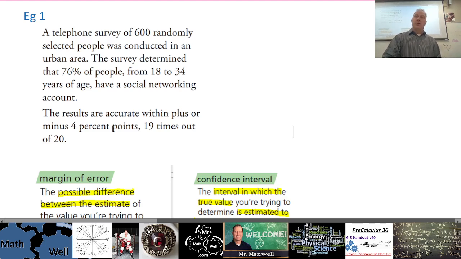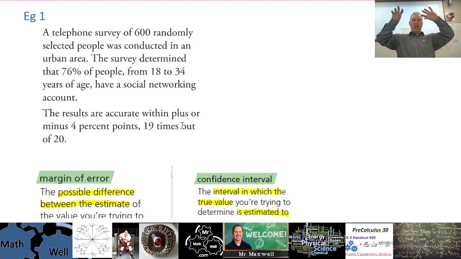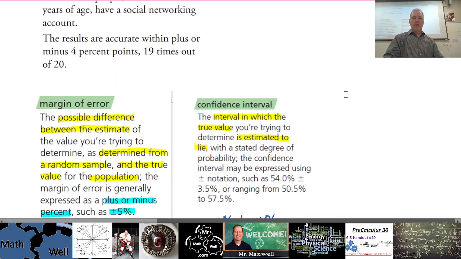So this is how this works. And then one more added little level of confidence, 19 times out of 20. So this is the value. It could be within a range, so it could be up or down from this value. And we're pretty sure that the real value is within this stated range 95% of the time, or 19 times out of 20. So I know there's a few levels there, but let's break it down one at a time.